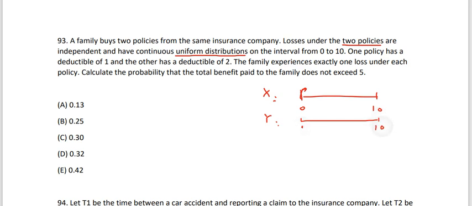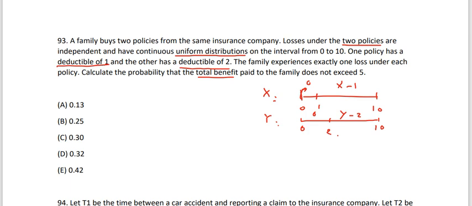But the two policies have deductibles. For x, the deductible is 1, and for y, the deductible is 2. So the benefit of payment is 0 here, and x minus 1 here, and 0 here, and y minus 2 here.